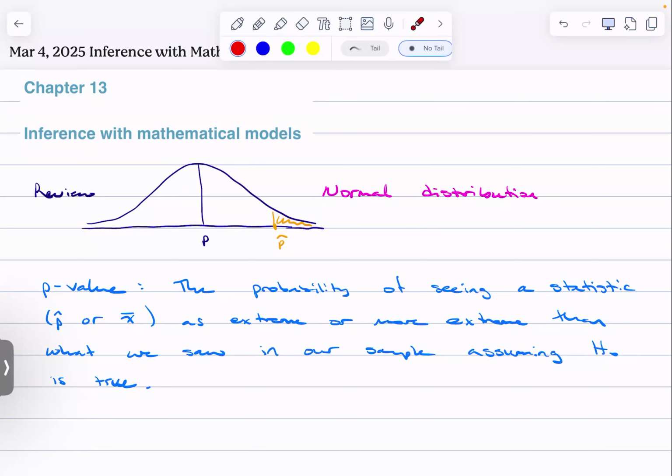Today, I want to focus on the normal distribution and hypothesis testing with the p-value. I suspect there's a lot going on in chapter 13, so it will probably run into Thursday as well. But luckily, chapter 14 is just a little shorty on decision errors.